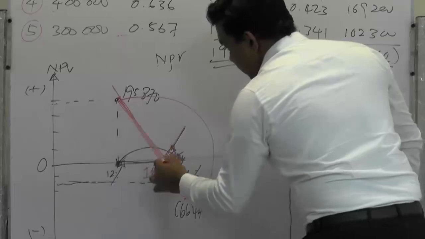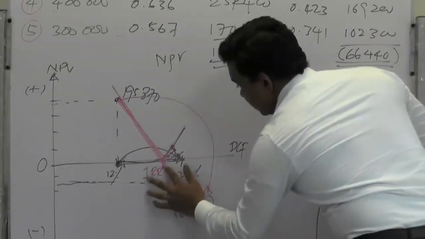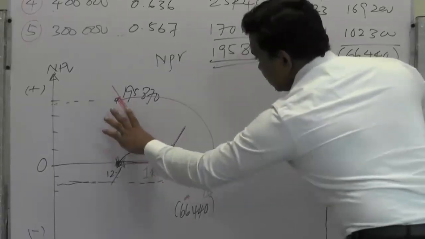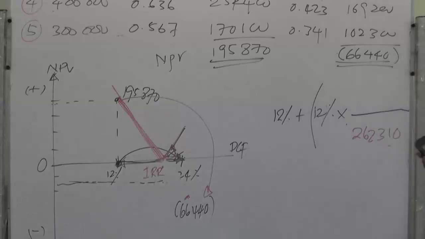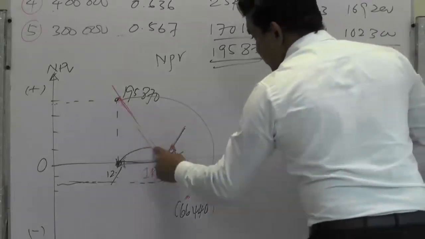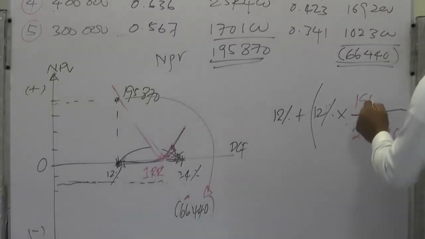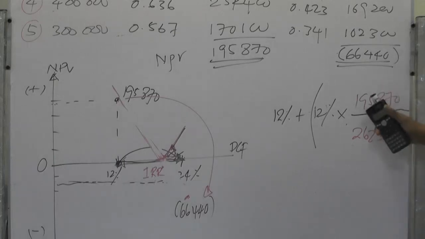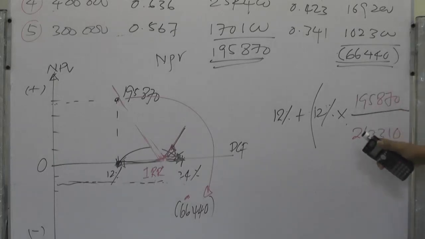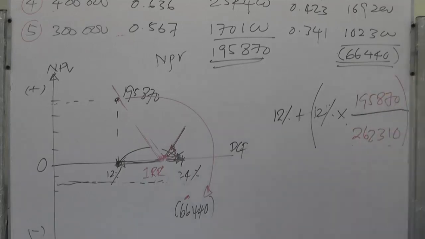We need up to this point. That means we need not consider this whole distance, we need to consider this distance. Why? When it comes to here, the rate becomes the IRR. Therefore, this distance is only 195,870.